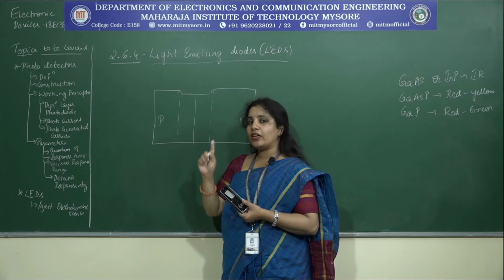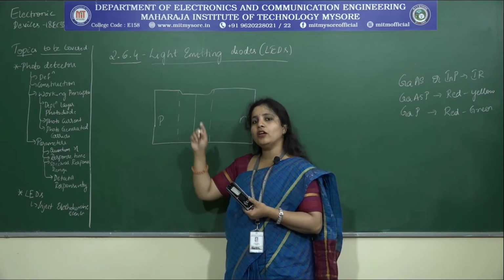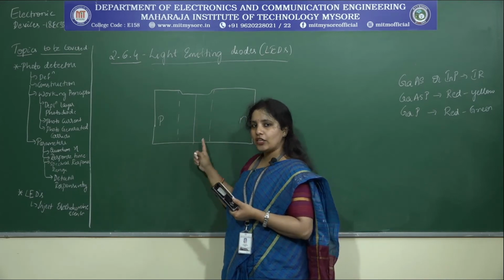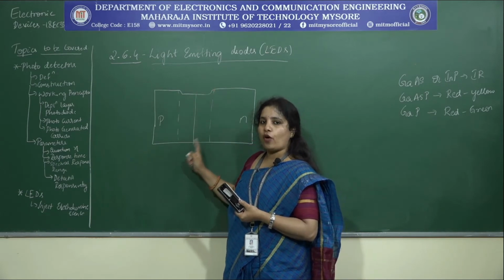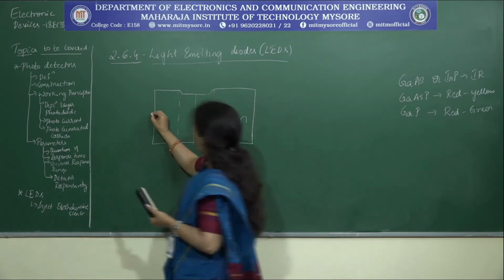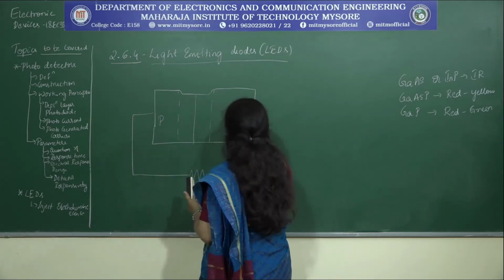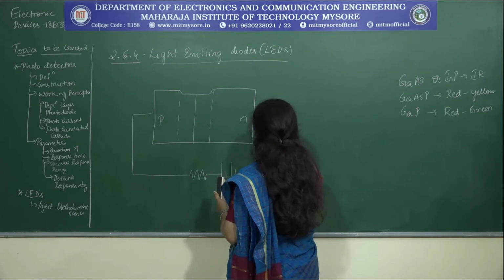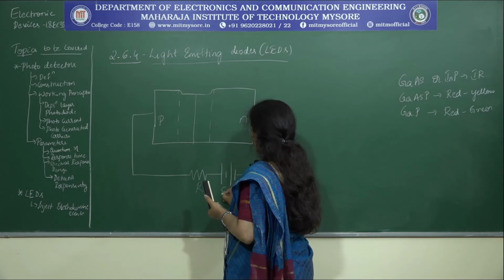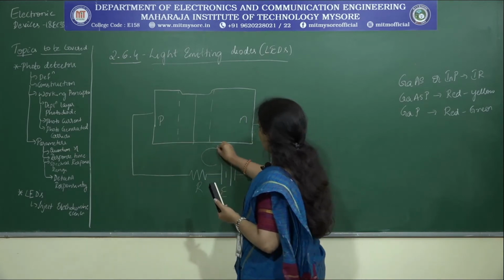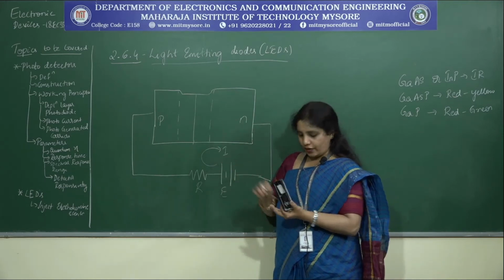Understand this again, that we did not have any external bias because that is the device which provides the power to the external circuit, whereas in the case of light emitting diodes, we make them operate in the forward biased condition. Hence, I need to connect this PN junction with a positive terminal to the P side and a negative terminal to the N side, and let me represent this as R and this as E. Now how does the current flow? This is how the current is flowing. All of these factors you know.